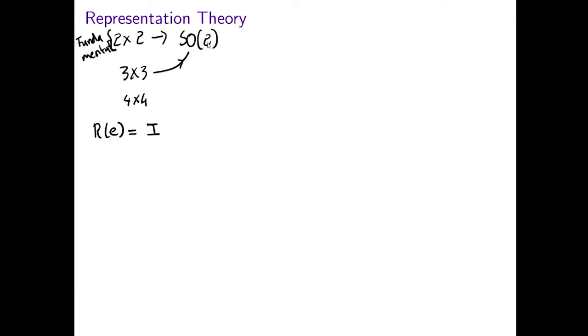If I want to talk about the 3 by 3 matrix of that, it must be the 3 by 3 matrix of just ones and zeros. And if I take the inverse of an element, it should be the inverse in terms of this representation.